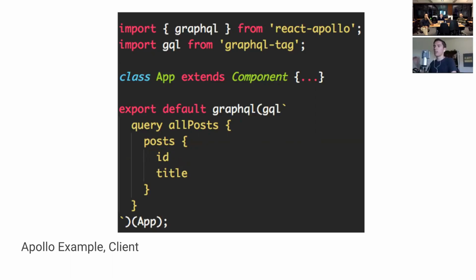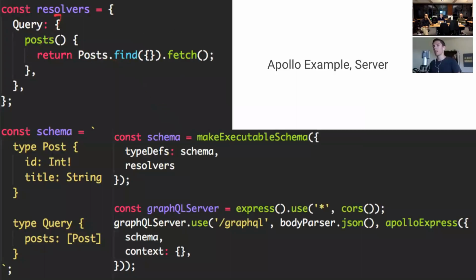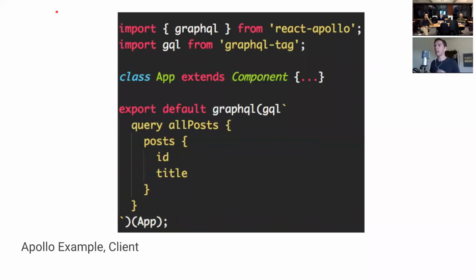Like I said before, if there's comments on there, if there's a body, whatever it may be, we don't really care about that just in our post list. So we're only going to ask for those pieces of data, and basically the server is going to, as we set up here, resolve our request so that it sends only the data we want, only the data we need, down to the client.